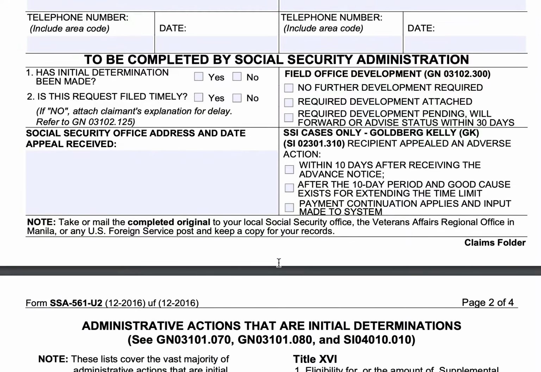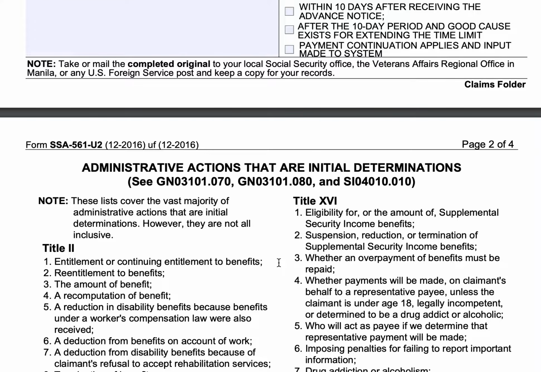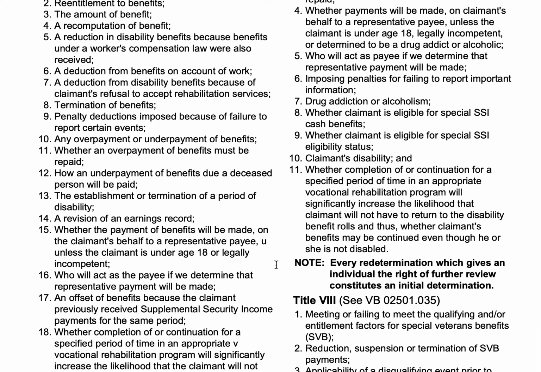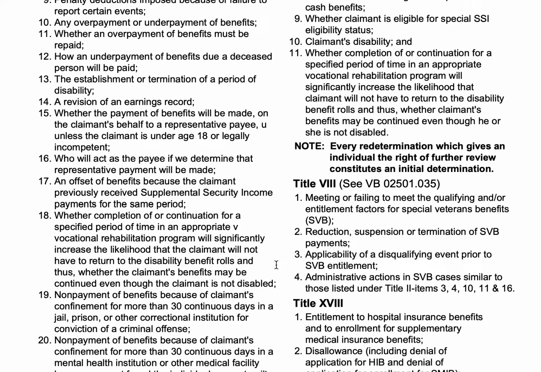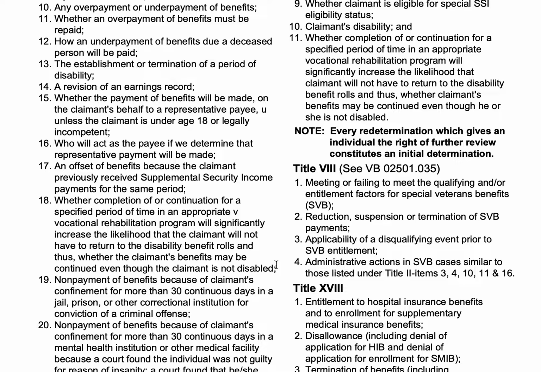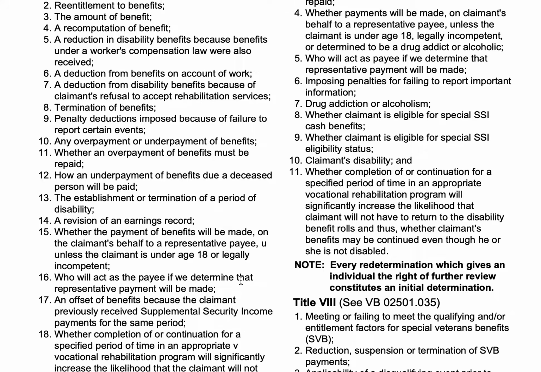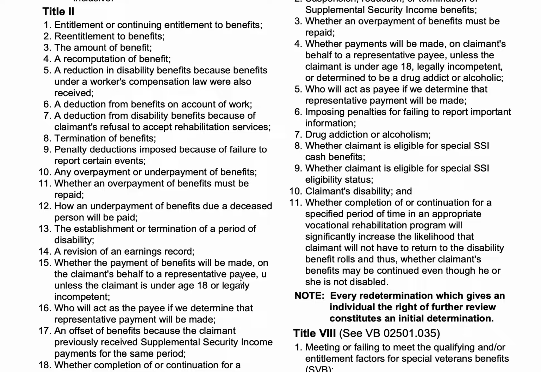There is a second page that contains all the administrative actions that are Social Security initial determinations, whether it's for Title II benefits, Title 16 benefits, or Title 8 or Title 18 benefits, depending on the type of program that you're looking to appeal or looking at the determination for.